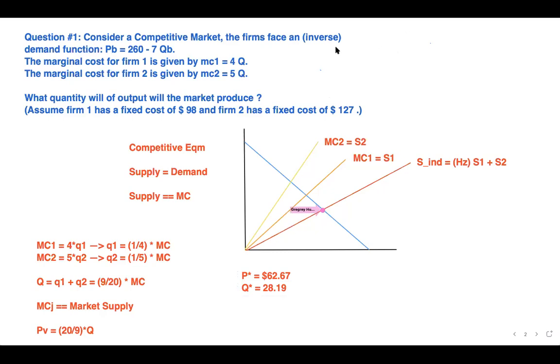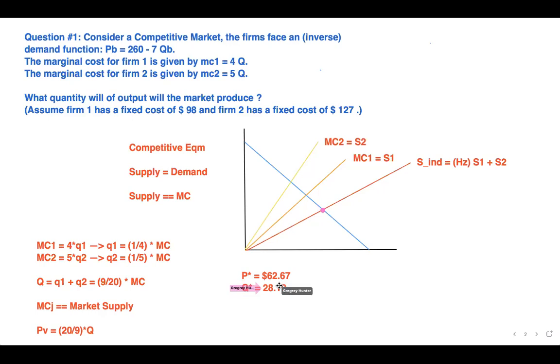Now, here's the next part, and that is how much of the total output is being produced by each of these firms individually. So what are Q1 star and Q2 star, their equilibrium levels of production? Because we know they should add up to 28.19.